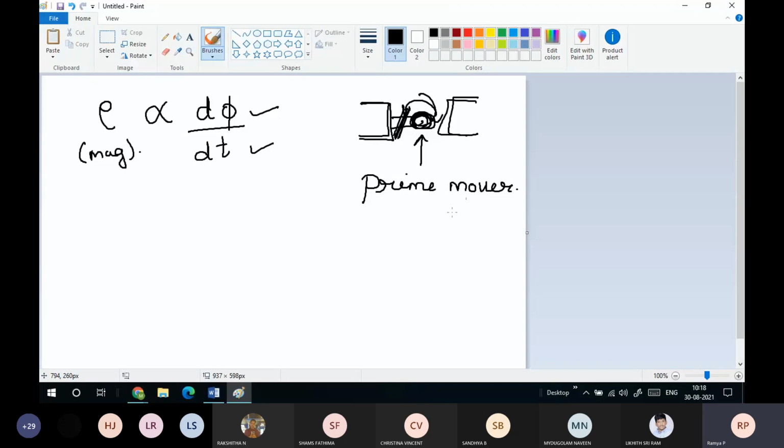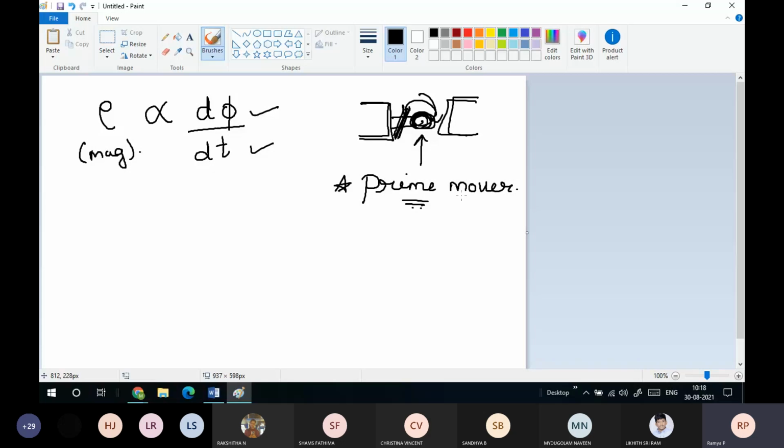Now, what is the job of this prime mover? Please remember these words, as I'll come back to them in the construction. Prime movers are used to rotate the conductors in clockwise or anti-clockwise direction to induce the flux linkage in the system, and hence it is responsible for dynamically induced EMF.